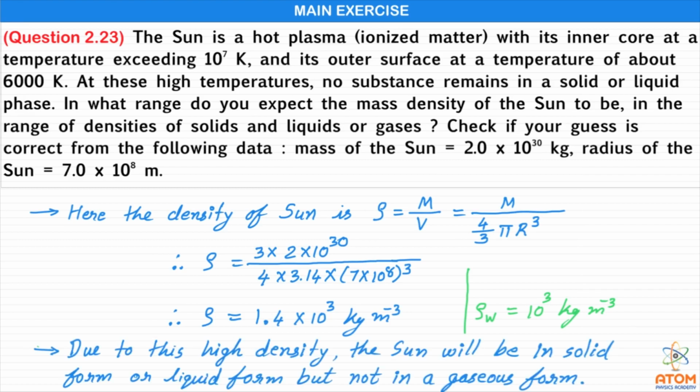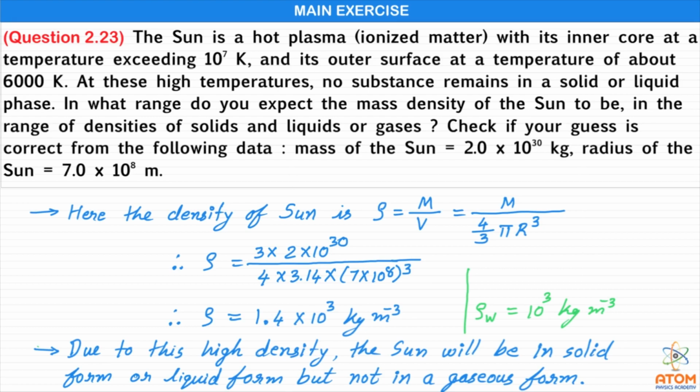So I can write, due to this high density, the sun will be in solid form or liquid form, but not in a gaseous form. Here the interesting part is that sun is having very high temperature. So it is very much expected that it cannot be in a solid form or in a liquid form, but it should be in gaseous form.